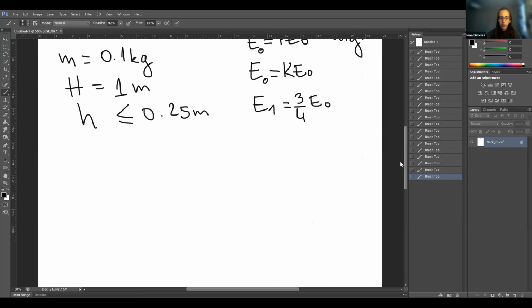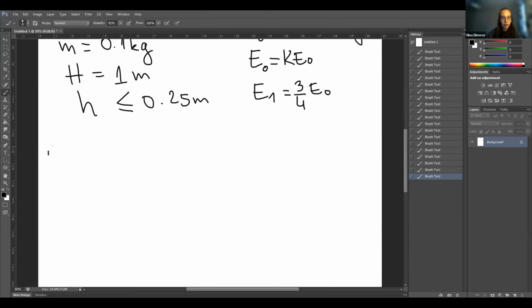So we can see that after n jumps, the energy which the ball will have will be 3/4 of 3/4 of 3/4 of 3/4, n times, of our initial energy. And I think this is the important setup of the problem, right?